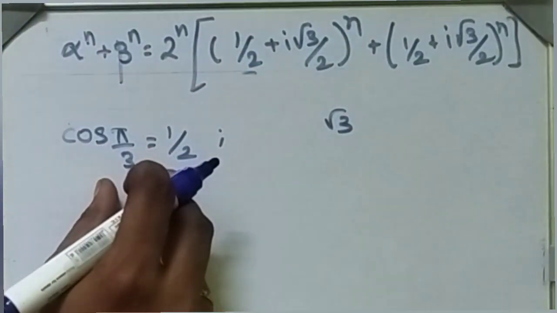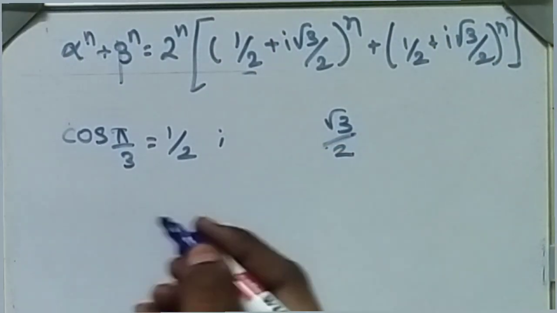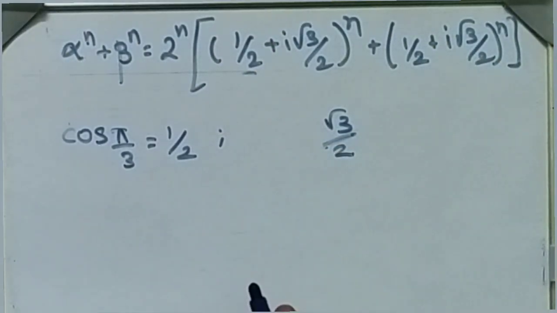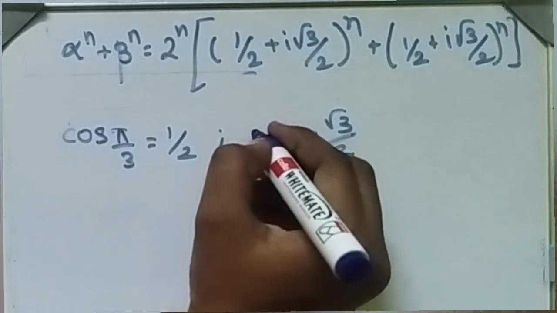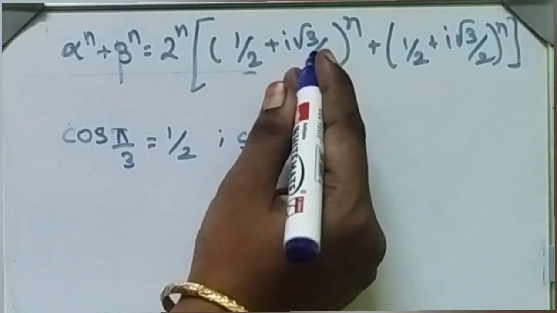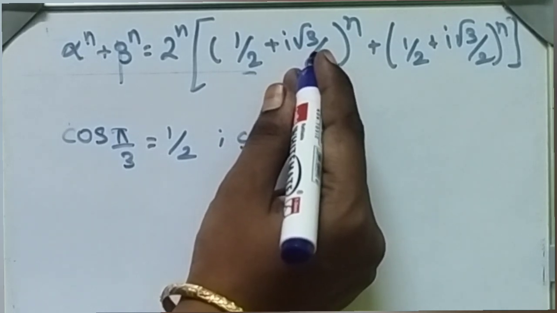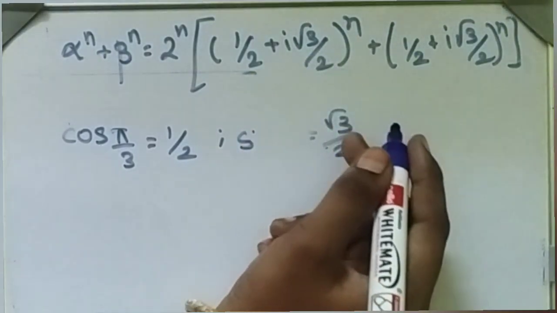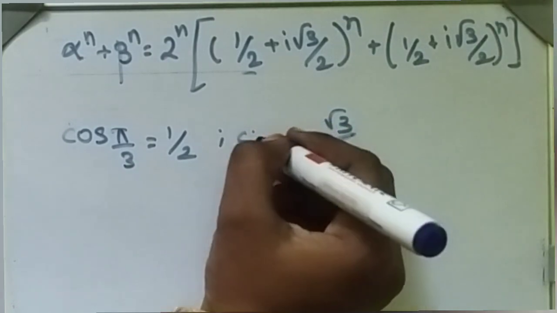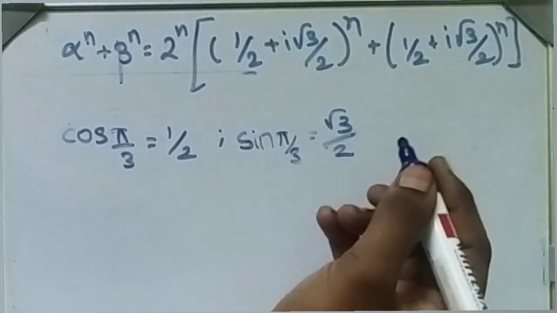Cos pi by 3 is 1 by 2. Likewise, root 3 by 2 is the imaginary part, so we have to make it in sin theta. At what value does sin become root 3 by 2? Super. Sin pi by 3 equals root 3 by 2.